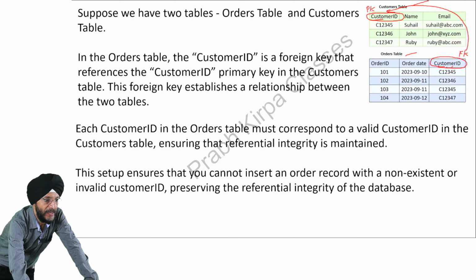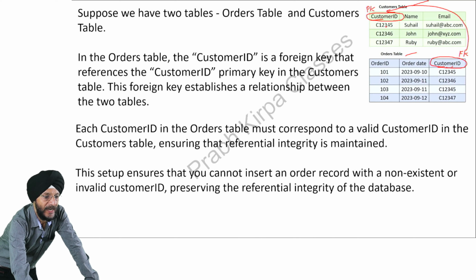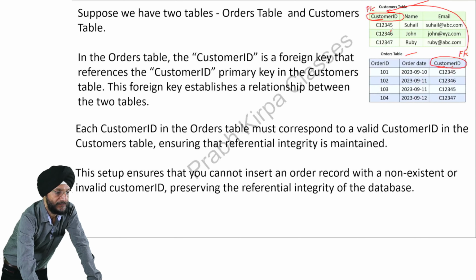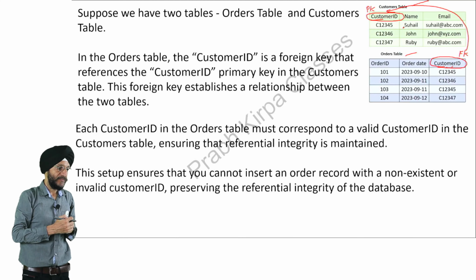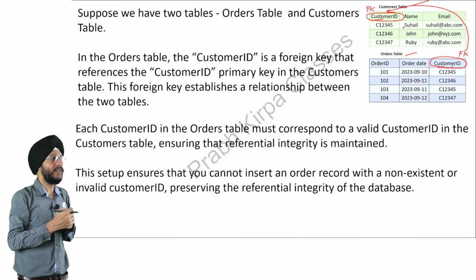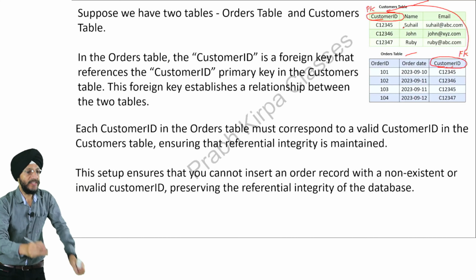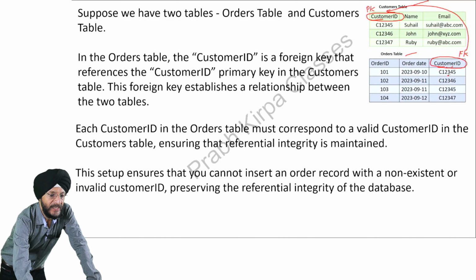Now each customer ID in the orders table must refer to a valid customer ID in the customers table, ensuring that referential integrity is maintained. This step ensures that we cannot insert an invalid customer ID.